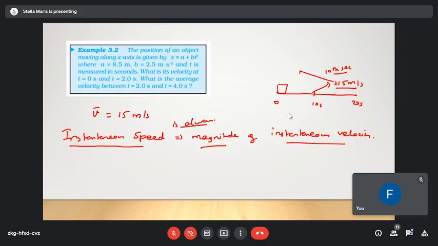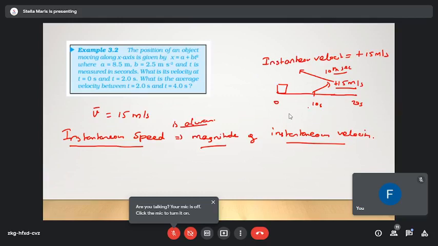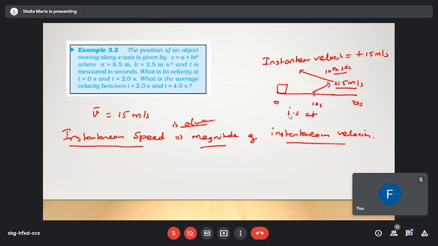This is the instantaneous velocity, right? Instantaneous velocity is plus 15 meter per second. So what is the instantaneous speed at this 10th second? 15 meter per second only.